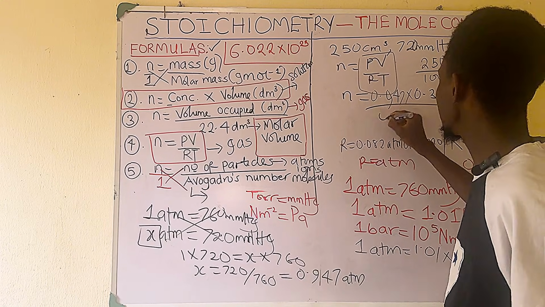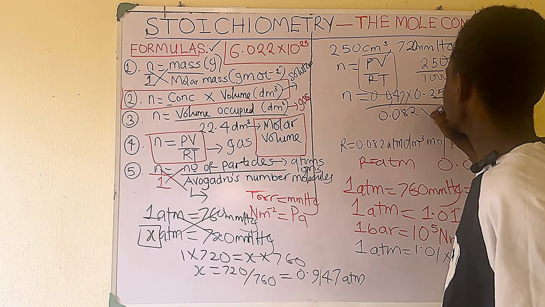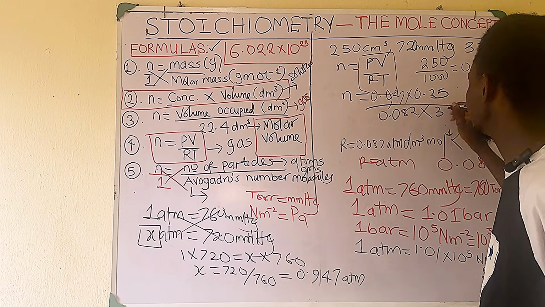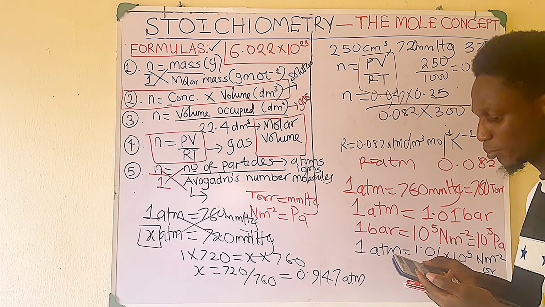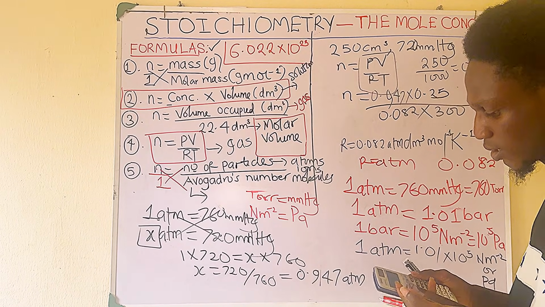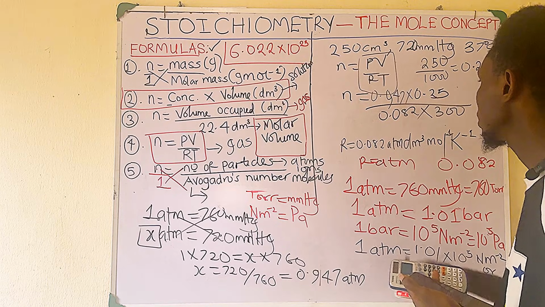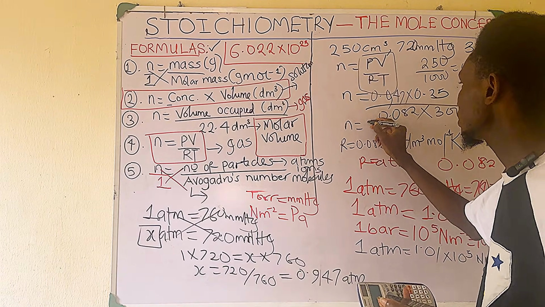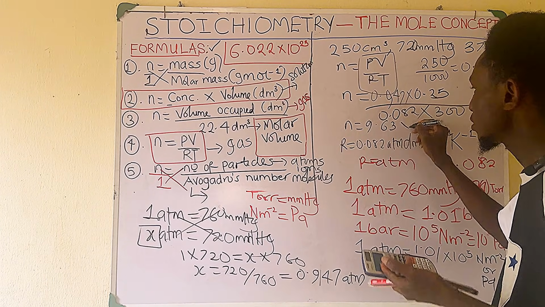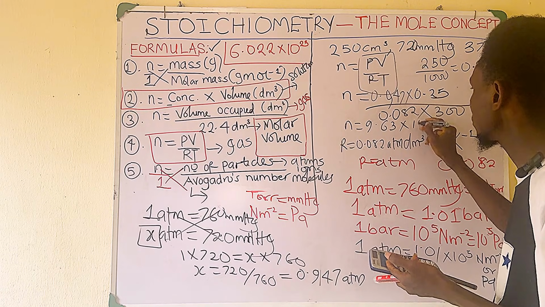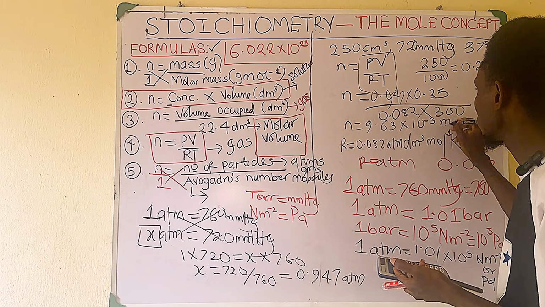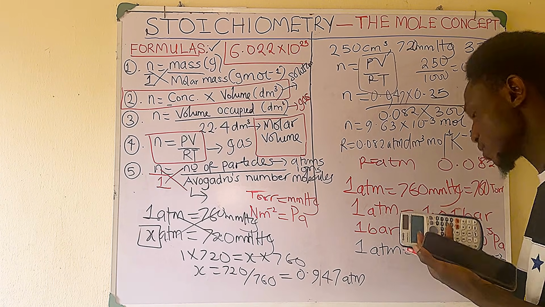Then R is 0.082 times temperature is 300. So you're going to get 9.63 times 10 raised to the power minus 3 moles. That's going to be your answer.